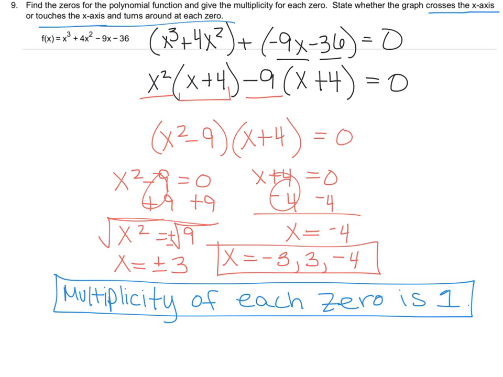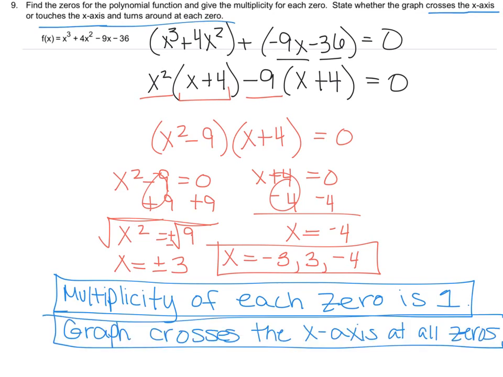Now all of these zeros have a multiplicity of 1. Since the multiplicity is odd, that means that they're going to cross the x-axis at all zeros. So the graph will cross the x-axis. And these are my 3 answers to this problem.